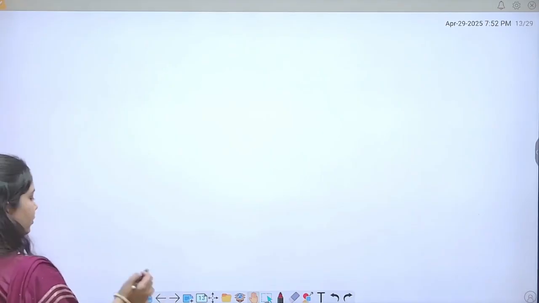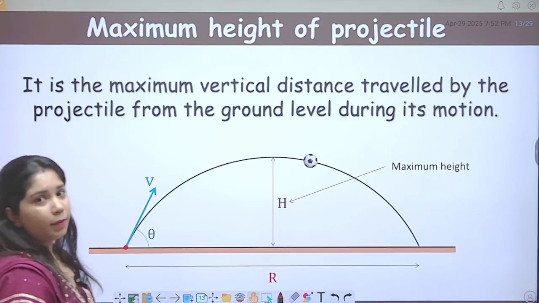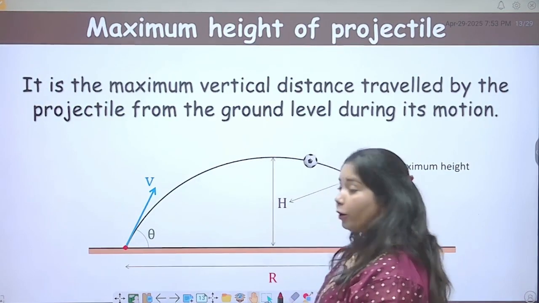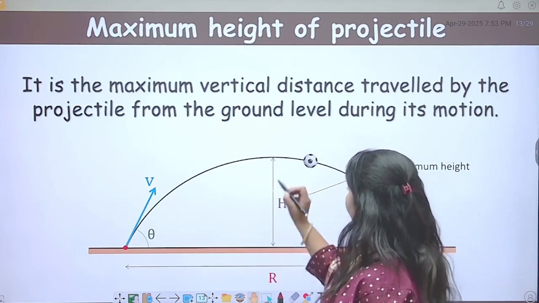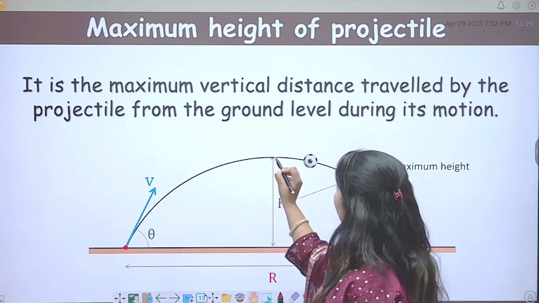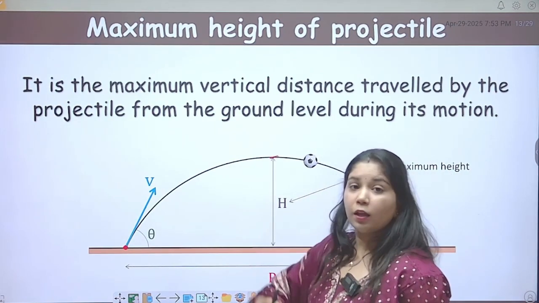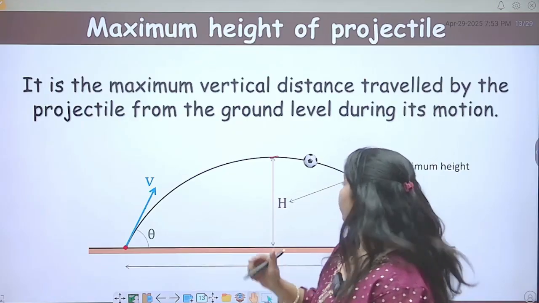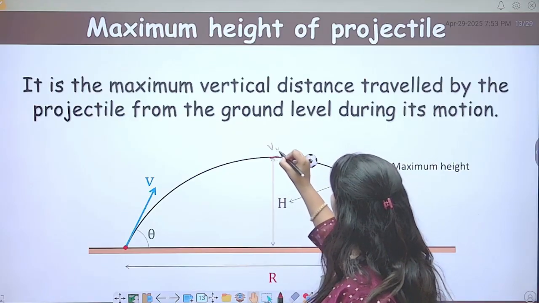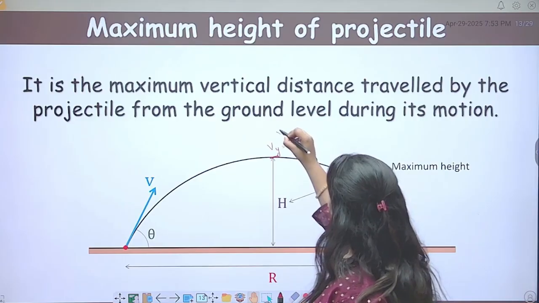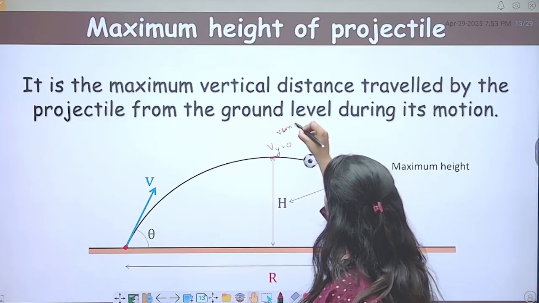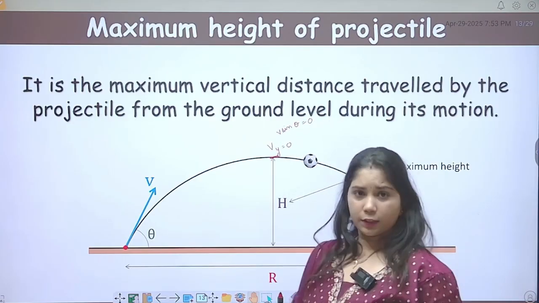Now, next is maximum height of projection. What is maximum height? See, I told you that at the maximum point the y component of velocity is 0. That is, v sin theta is equal to 0.